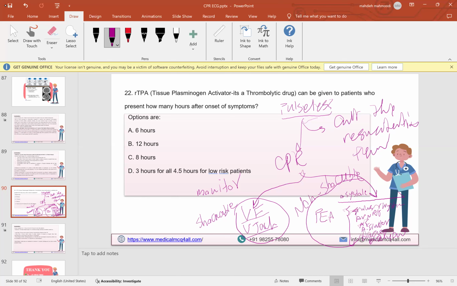Ma'am, but what about an SVT patient without pulse? It's called PEA, pulseless electrical activity. So we don't do defib for them. No. Defib only for VF and pulseless VTAC.